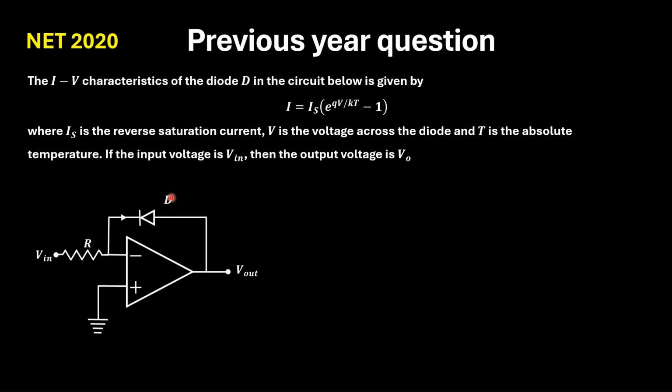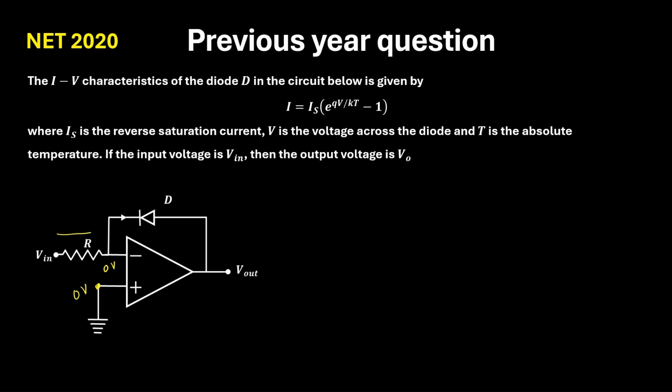So in this circuit, the expression of the current flowing through the diode is given by this relation, and V is the voltage across the diode. For the given input we are told to find the output voltage. Now we can apply the golden rule here. So this one will be 0 volt and this one will be 0 volt.